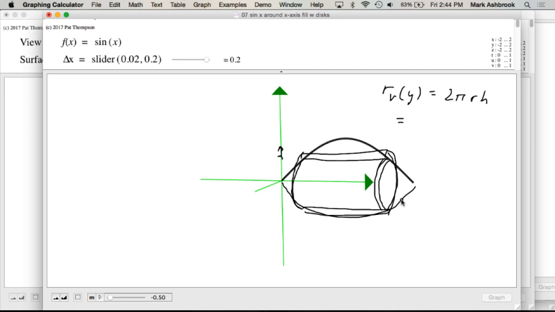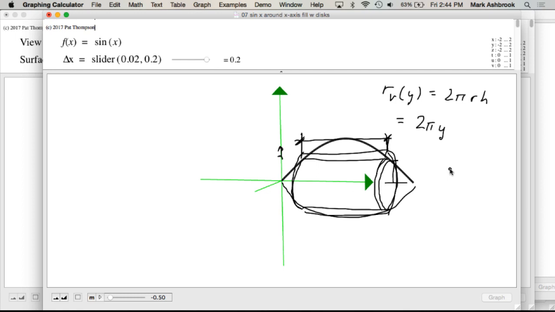Okay, what is the radius? It's the y value, right? The radius is from the x-axis to the inner radius of our shell, which is 2 pi y. And what's the height? The height is from here to here.